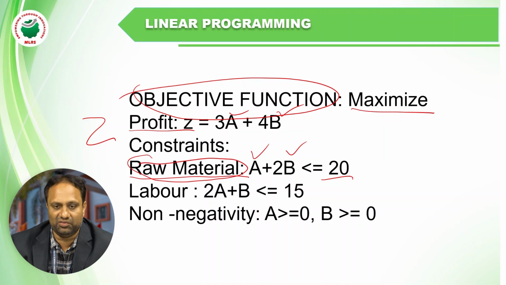In that 20 units, to produce product A it requires 1 unit of raw material, and to produce product B it requires 2 units of raw material.